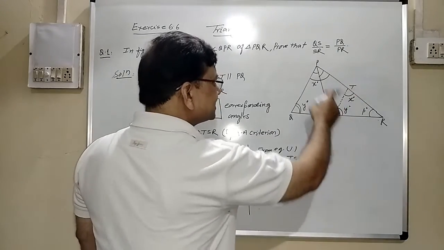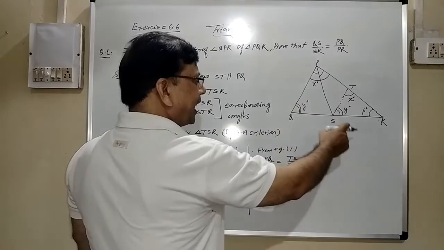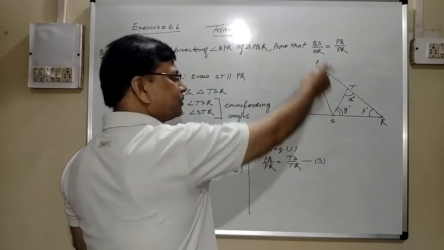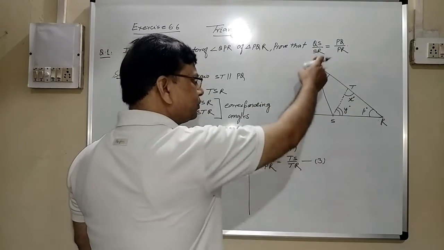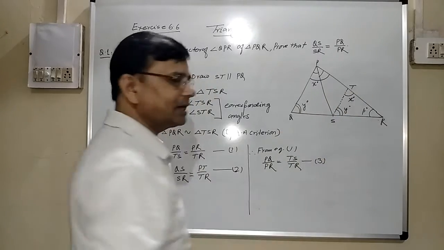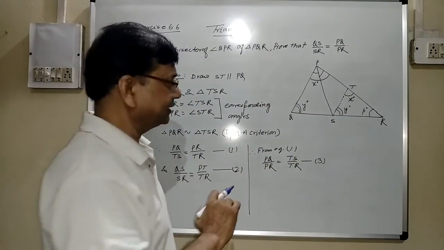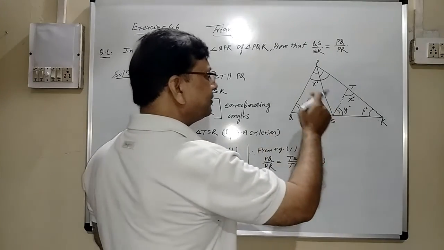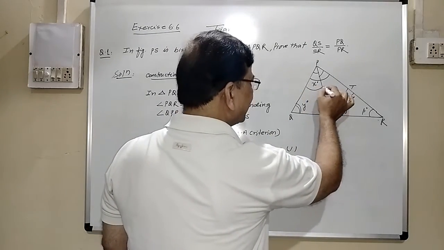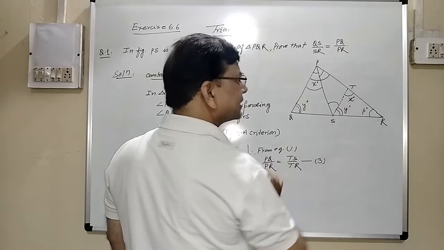Now we will look at this particular triangle. This is parallel to this and this is the transversal. See, these two, PQ and TS, are the parallel lines and PS is the transversal. Then alternate angles will be equal, means this angle will be equal to this angle.